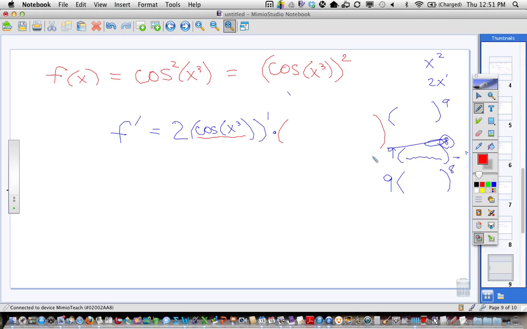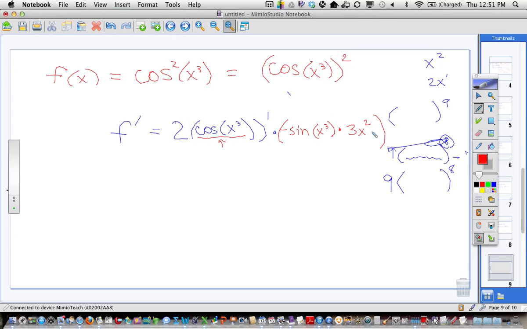So big set of parentheses, and now I can just focus on this red thing. I got the derivative of cosine x cubed. Well, what's the derivative of the outside? So I'm doing my 3 steps again. Negative sine. Second step, leave the inside alone. Third step, multiply by the derivative of its inside, which is 3x squared.